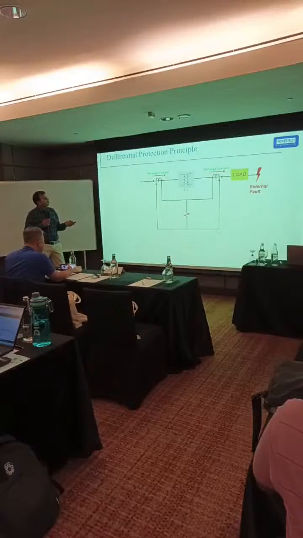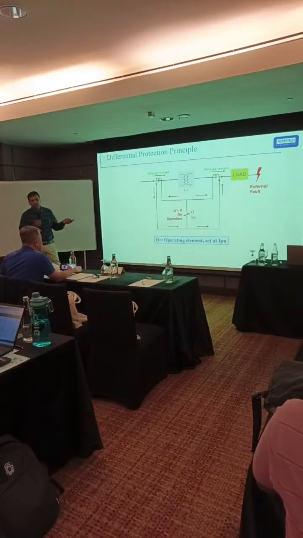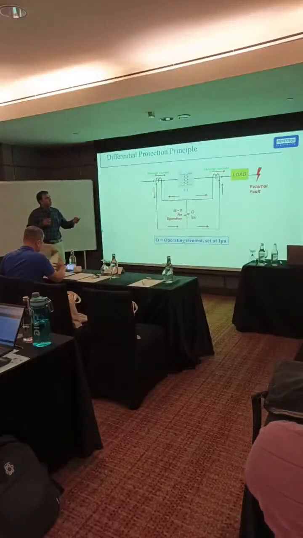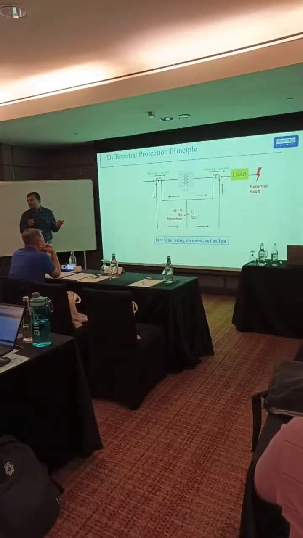If it is a through fault, then current will circulate, but there is no current in the differential coil, so the relay will not operate. These are all for the ideal condition.